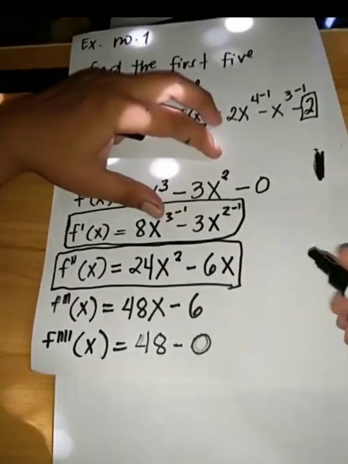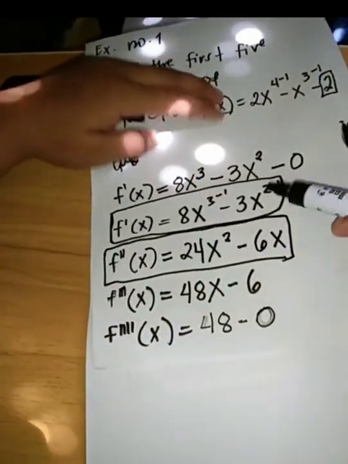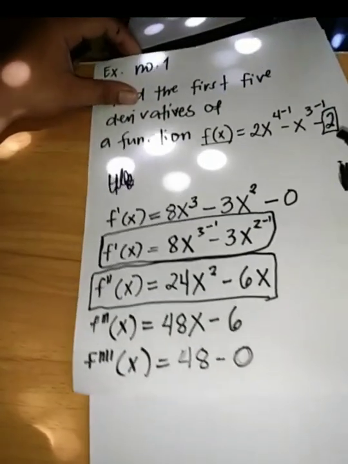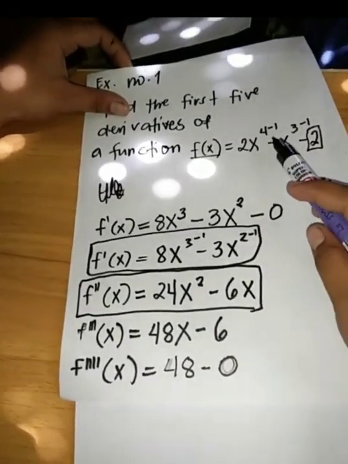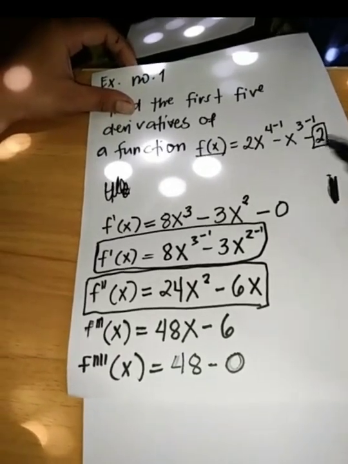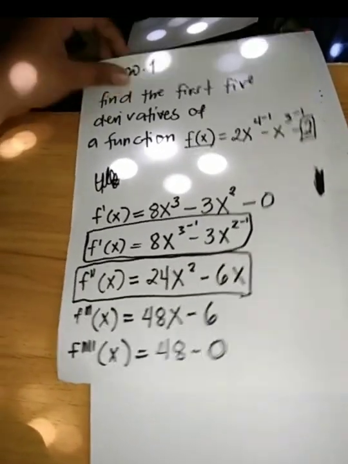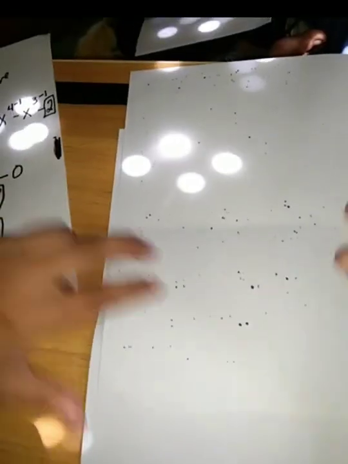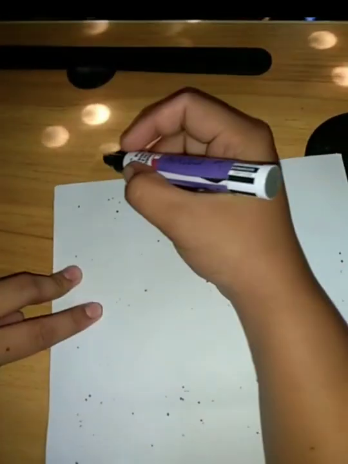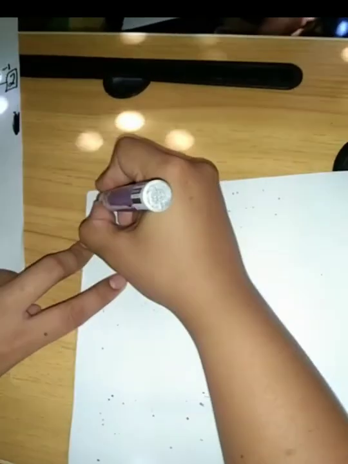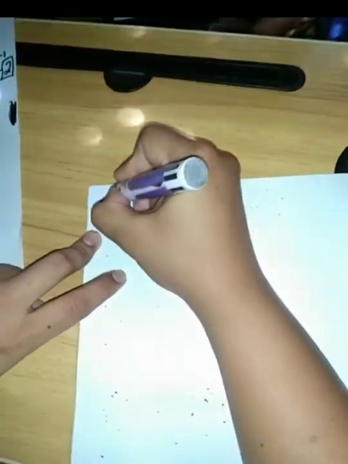So we already have the first 4 derivatives of the function 2x raised to the power of 4 minus x cubed minus 2. And we are going to find the last derivative that is needed, the fifth derivative.